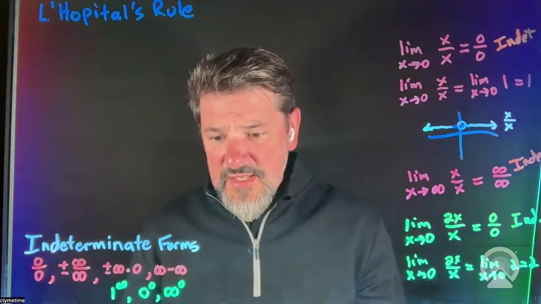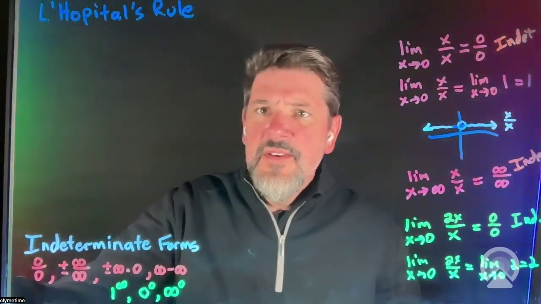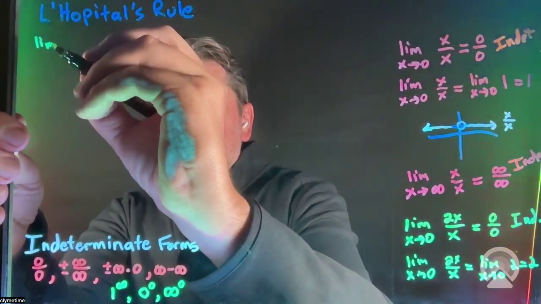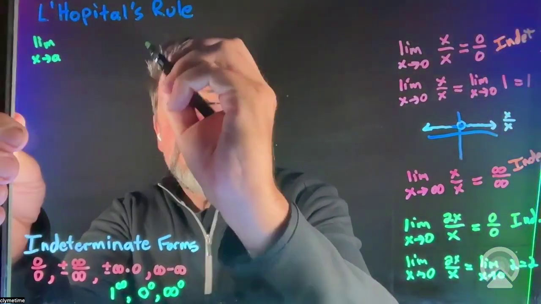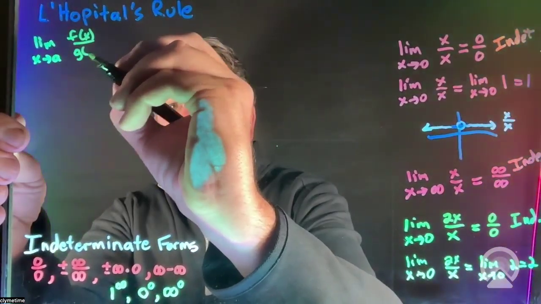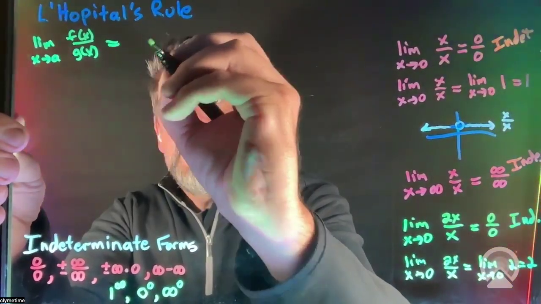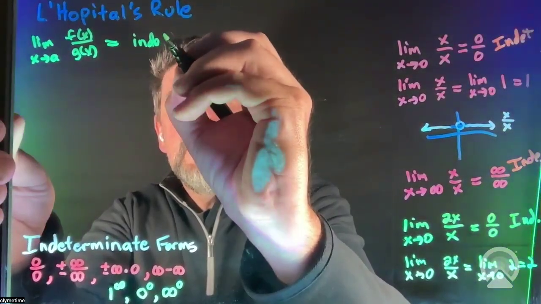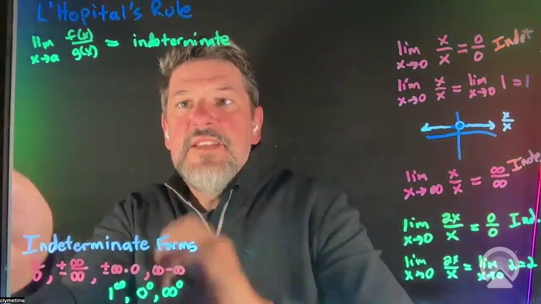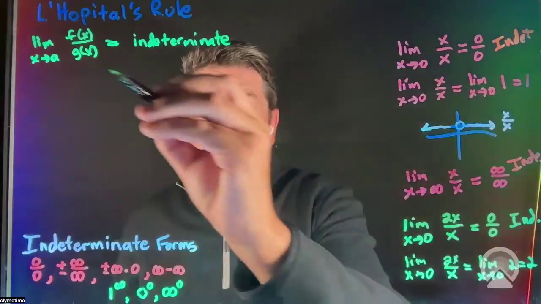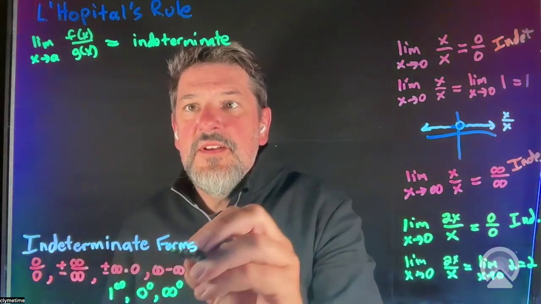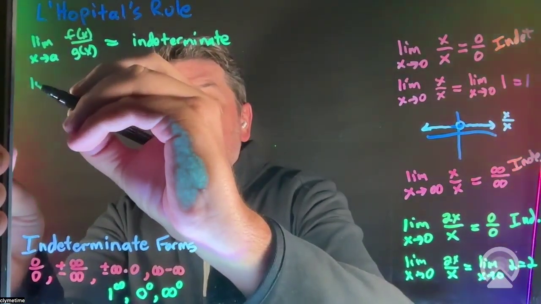Well, L'Hopital's rule tells us this: if we have a fraction, f of x over g of x, so if we have the limit as x approaches any a, really, it can also be infinity, of f of x over g of x, and it comes out to be an indeterminate form, so it takes on one of these forms down here, then we can actually take the derivative.